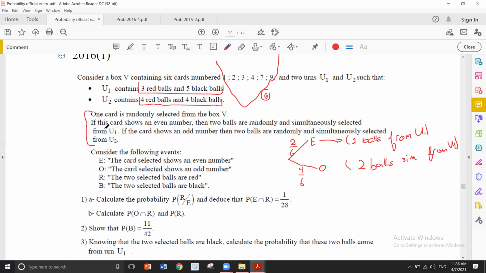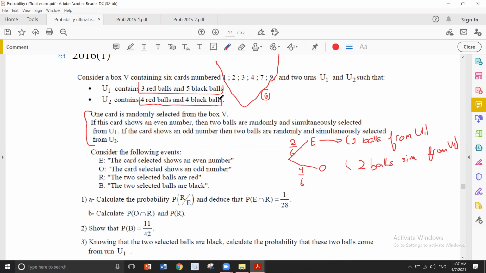Haikaz, did you understand the experiment? First we select one ball from V. We note its number. If it is even, we take 2 balls from U1.